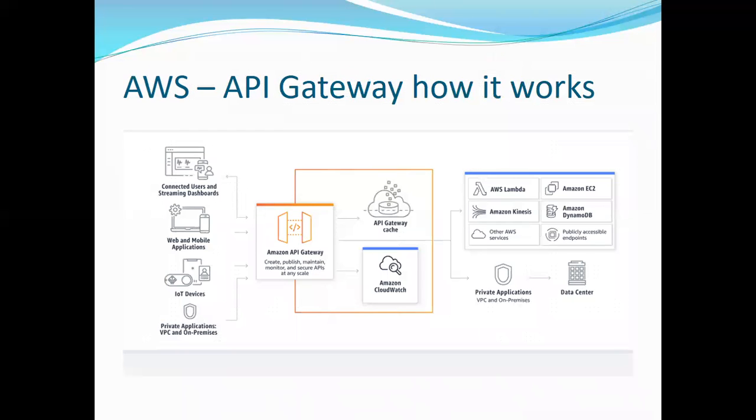So here is a diagram captured from the AWS product documentation to get a basic view of how API Gateway works and how it is useful. On the left side, you see all the sources which can use the API Gateway. One of the client sides is connected users and streaming dashboards.